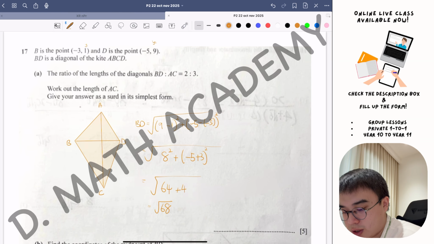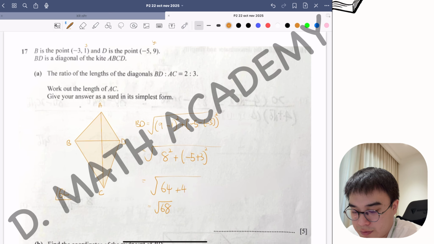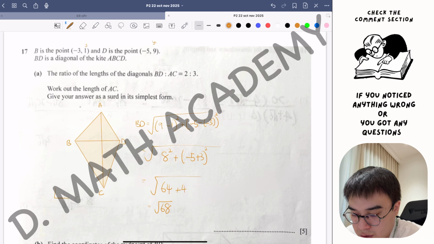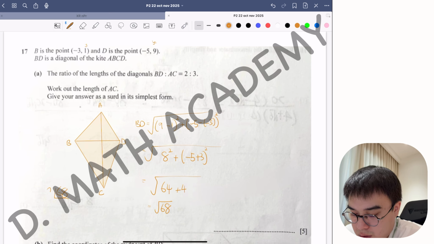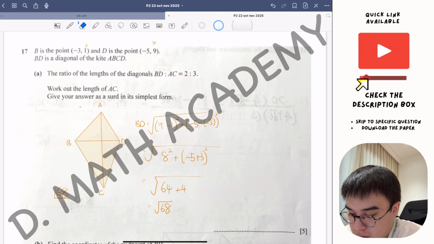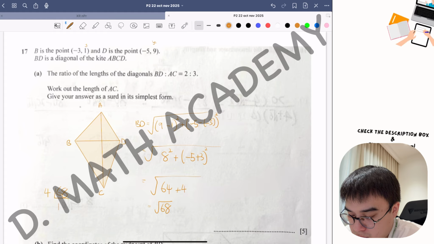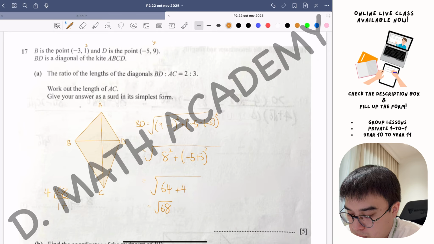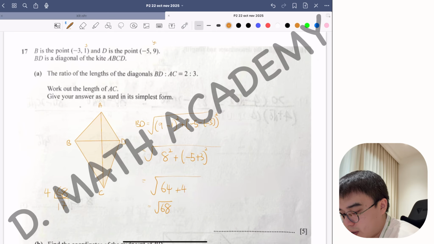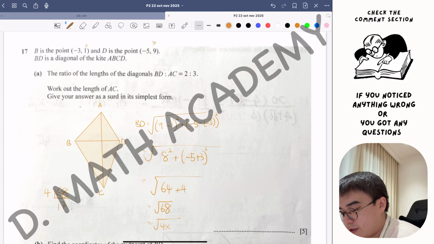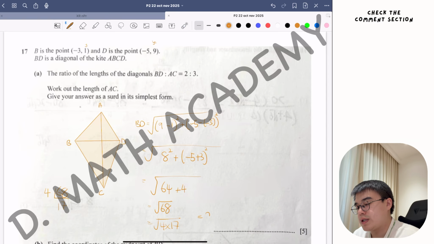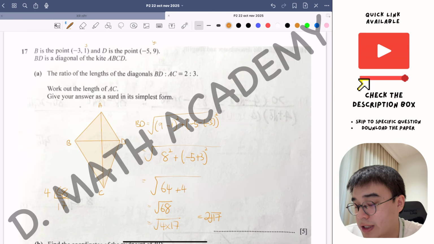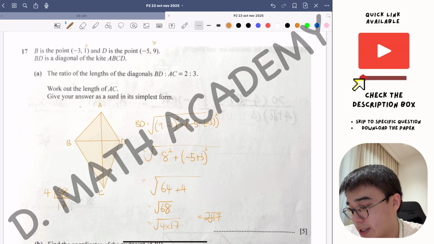Okay, I will try to simplify it first. I'll work out the surds. It will just be 4 root 13, which means 2 root 13 because the 4 can be turned into 2 squared.